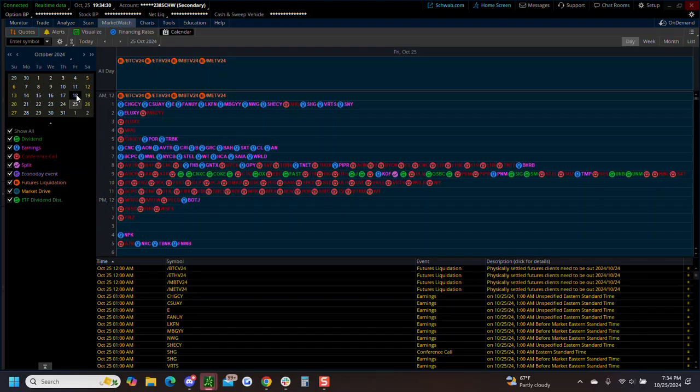So like we're coming into next week, Monday will be the 28th. So I will anchor a VWAP off the 25th, which won't show up, but you can go on a smaller time frame and it will actually show up.